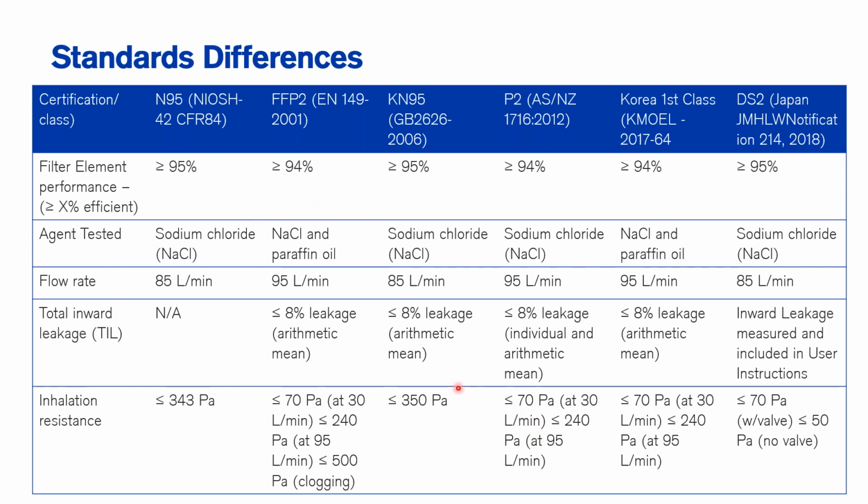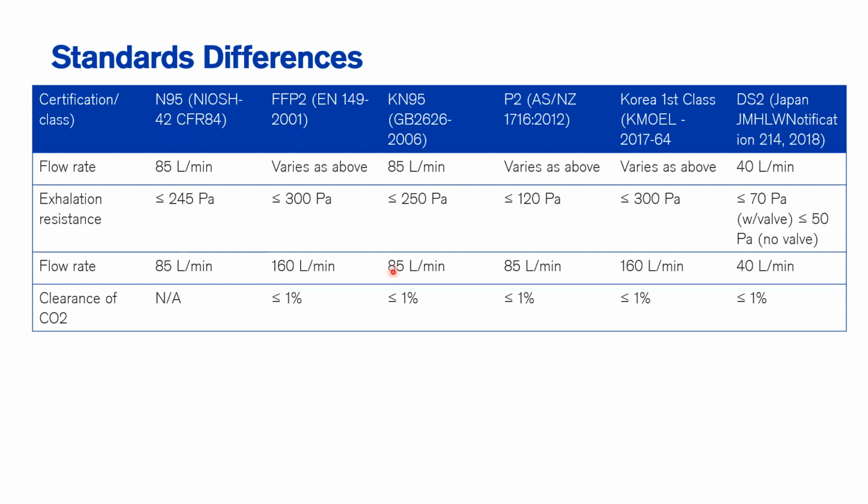But this is not required to be tested for the N95. Then of course the inhalation resistance is at a higher pressure to ensure better protection for KN95 compared to the N95. And of course, the exhalation testing is different.